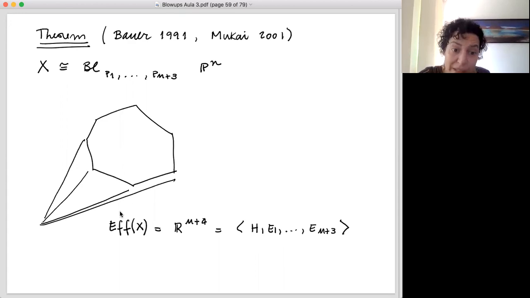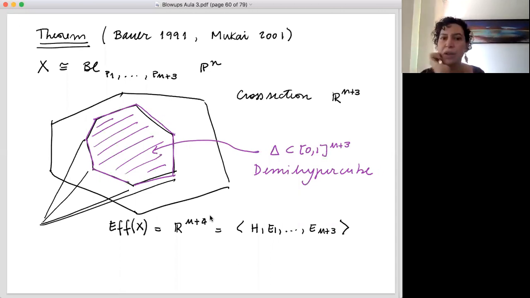And to describe the effective cone, we take a cross section of it. The effective cone can then be described as the cone over the demi-hypercube described by Bauer. So the purple polytope is the demi-hypercube that I have just described.